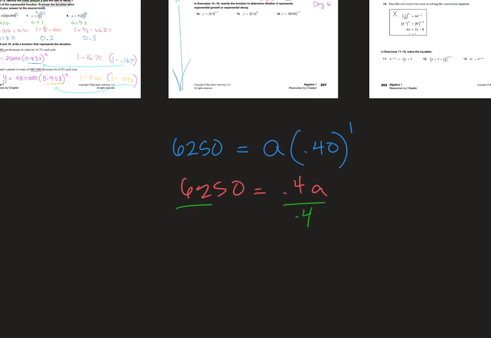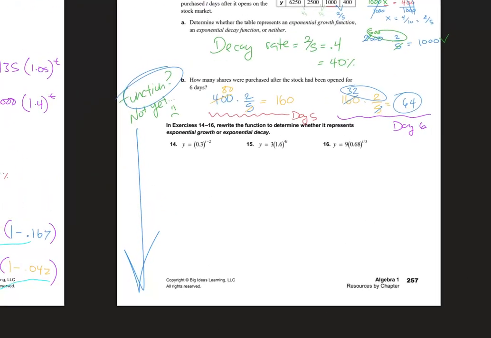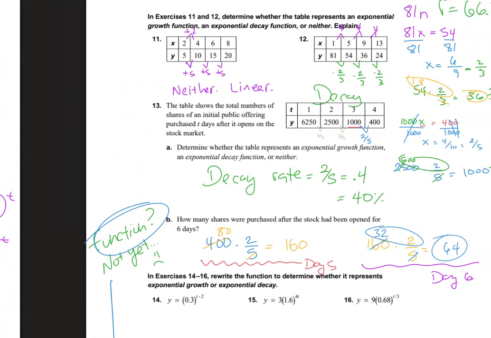Divide both sides by 0.4, and we get 15,625. And so in that way, we can write a function for this. So y equals that, our initial amount, times 0.4 to the t power.